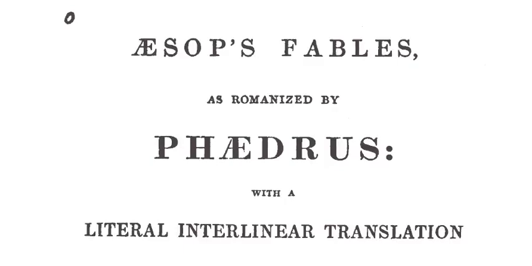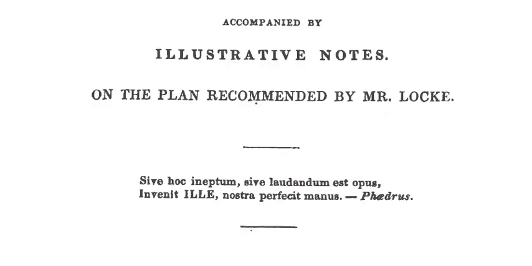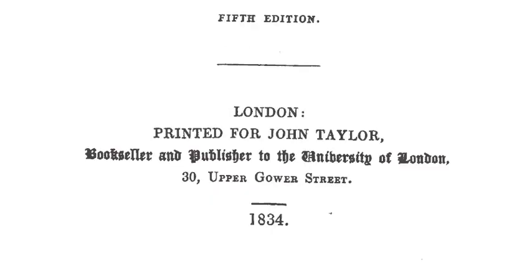And we're going to look at the preface and introduction, accompanied by illustrative notes on the plan recommended by Mr. Locke. This is the philosopher John Locke. 5th edition, London, printed for John Taylor, bookseller and publisher to the University of London, 30 Upper Gower Street, 1834.